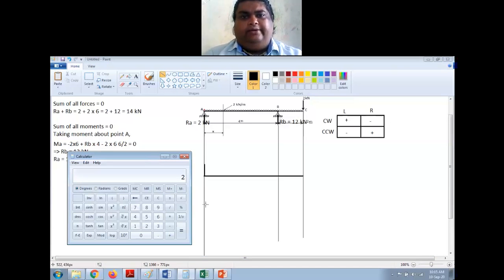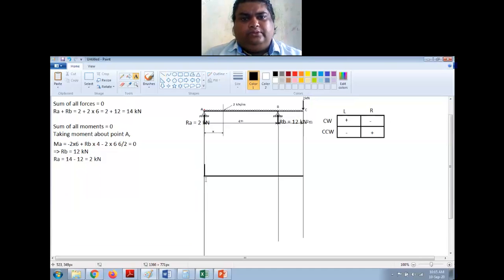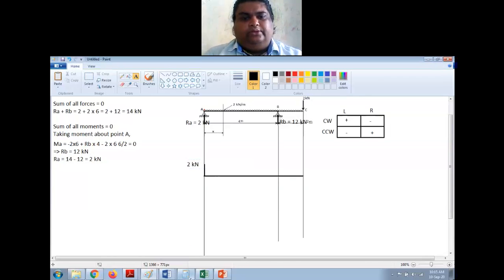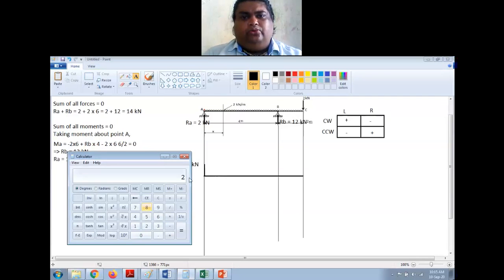First, I have plus 2 here, right? Let me just write that also. This is 2 kilonewton force. Okay. Now 2 minus 2 into 4. So that was 8. 2 minus 8 is minus 6 now, right? So minus 6 means it should be below this 0 line, right?